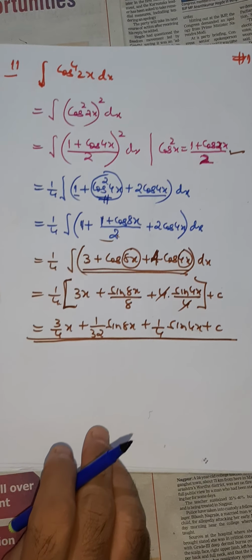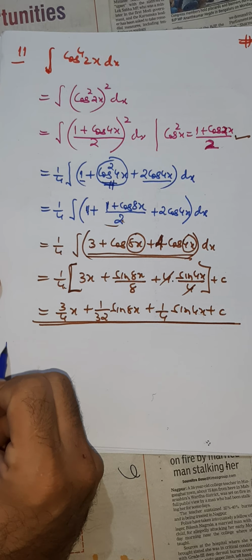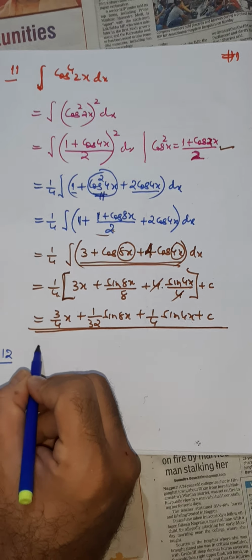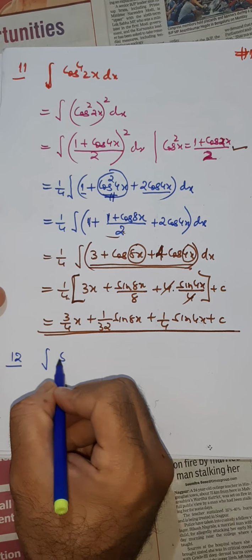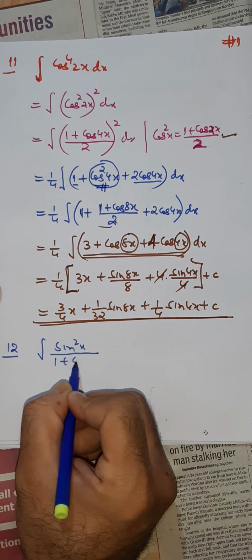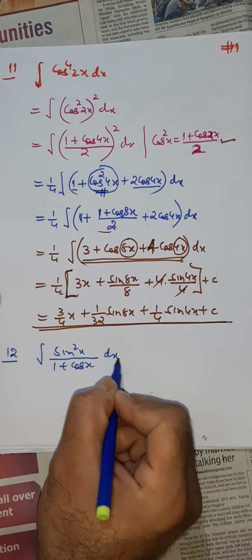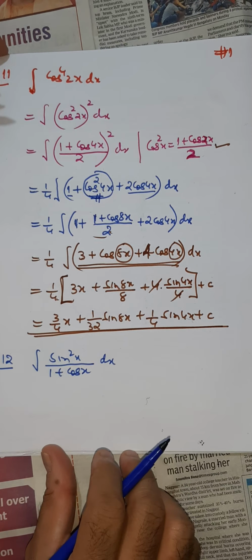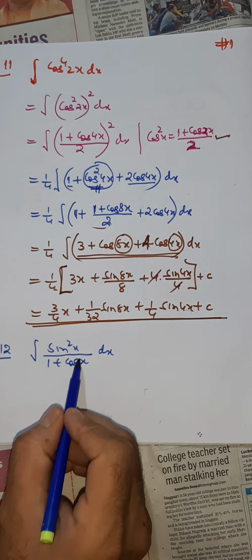Okay. Question number 12, you can see, not a big task. Sin square x upon 1 plus cosine x. Now here one way is you can take conjugate.